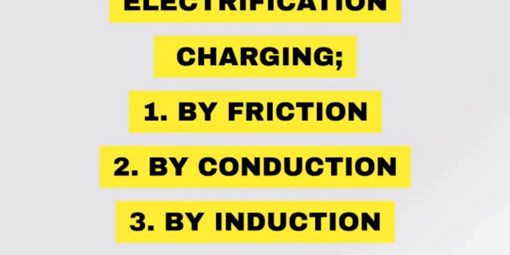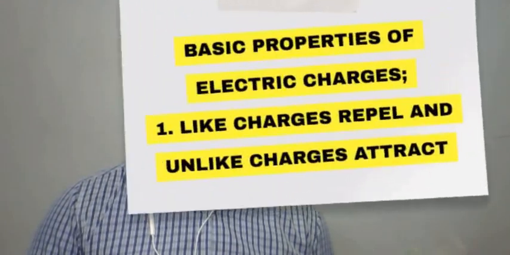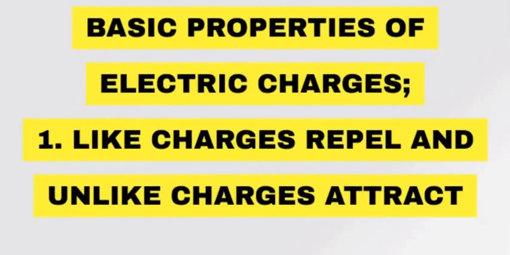So we have three different methods of charging a body: by friction, by conduction, and by induction. By induction means bringing a charged body near to an uncharged body, close to it, so that it will become charged.